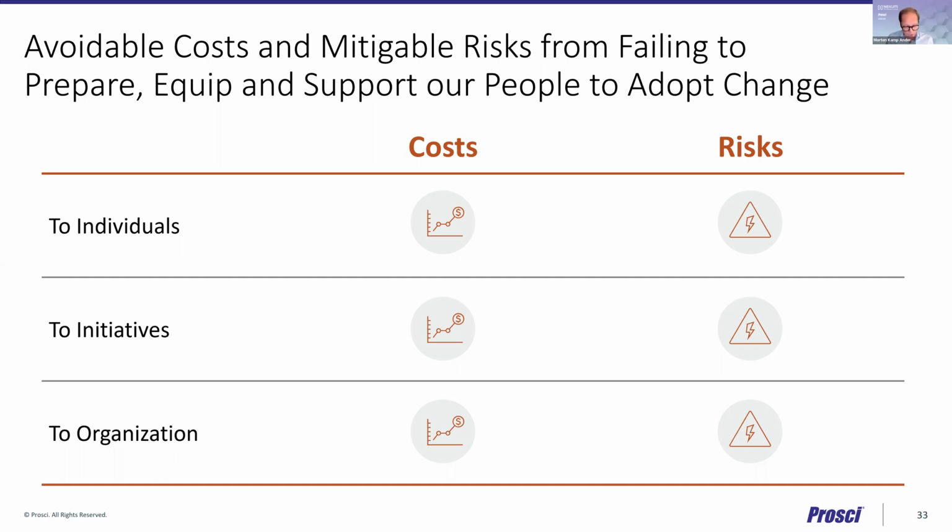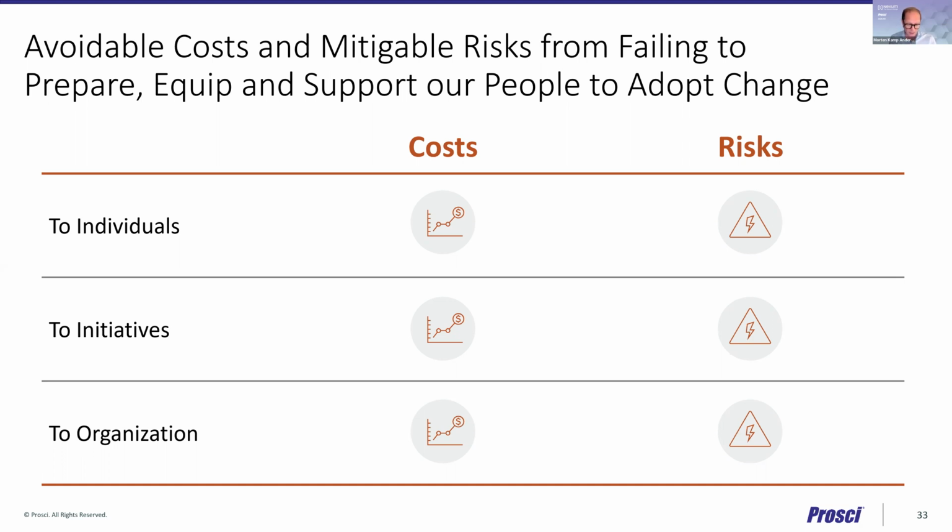Now, we also know that at the project and initiative level there are also costs and risks: delayed timelines, missed milestones, lack of information sharing, a lack of priority, lack of mind share. Sometimes we see a complete collision of initiatives. And these are real costs and risks when we're not thinking about the people side and the adoption and usage of the solution as we bring it to life.